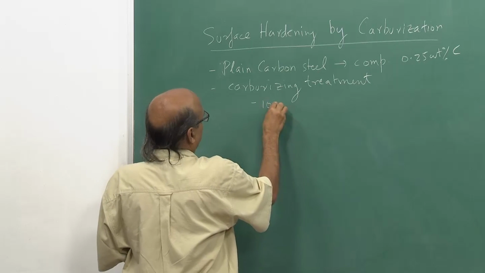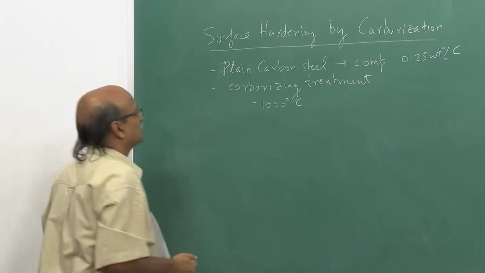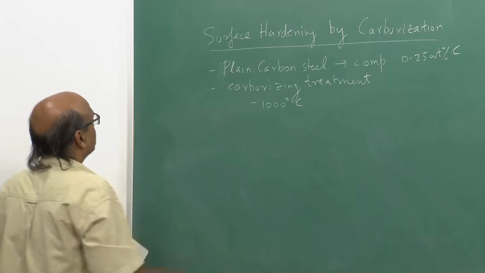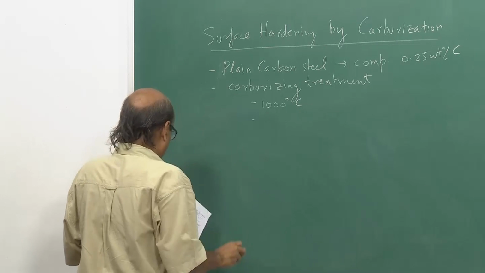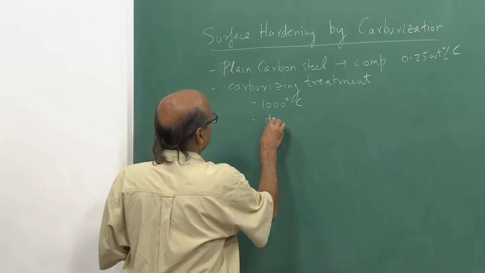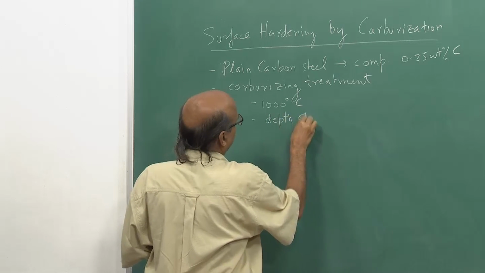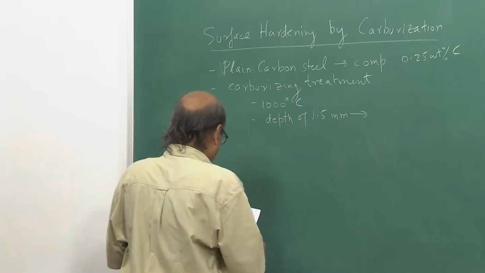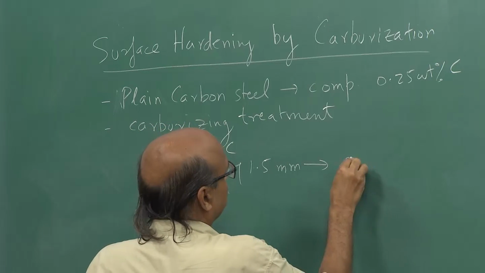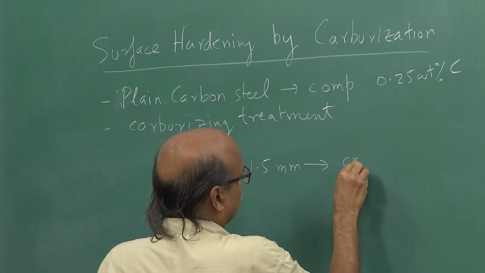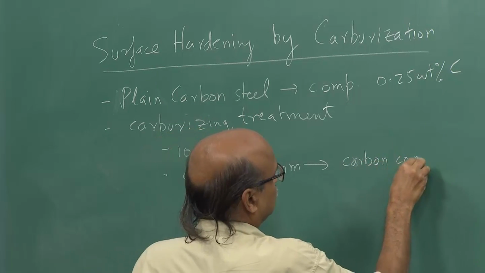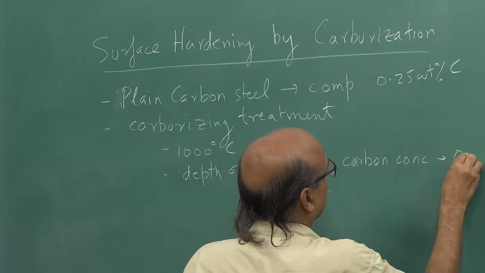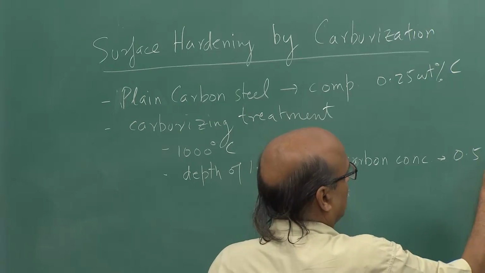What is involved in this carburizing treatment? We will do carburization at 1000 degrees centigrade, so that at a depth of 1.5 millimeters, the carbon concentration should be increased to 0.5 weight percent carbon.